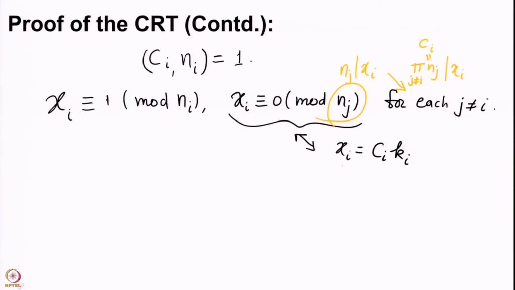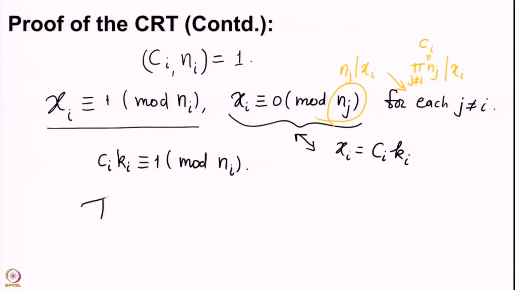So, we have that xi can be written as Ci times some integer ki, and now we need to solve for this. So, we have Ci ki congruent to 1 mod ni, but this has a solution.